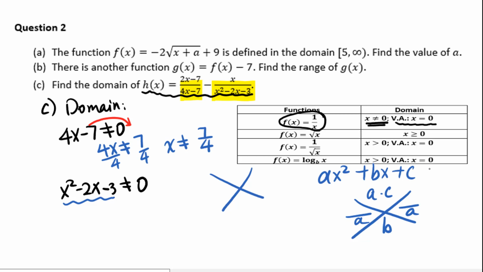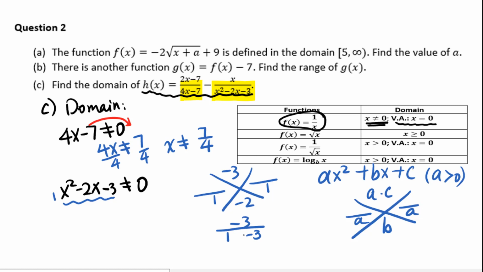That's how you set up. Make sure for this a is positive. Therefore, you have 1 times negative 3 is negative 3. This is negative 2 over 1 over 1. For negative 3 factor, 1 times negative 3.